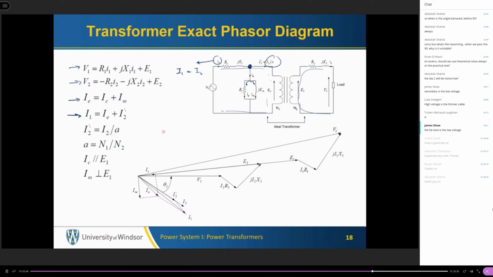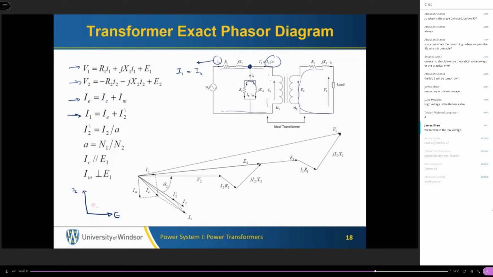One thing that I want to talk about is the relation between IM and E1. E1 is perpendicular to the magnetization current, similar to what we explained in the synchronous generators. Remember, the current of the stator generates a magnetic field in the same direction as the stator current, and as a result, the induced voltage should be lagging or leading by 90 degrees.